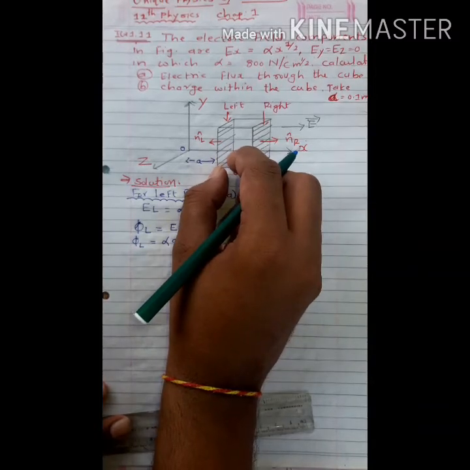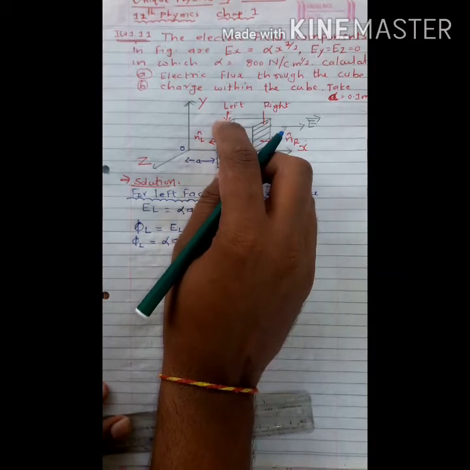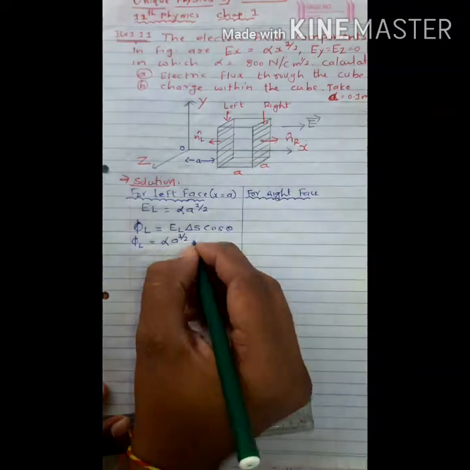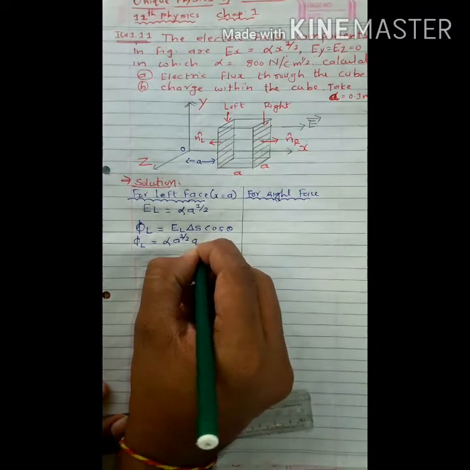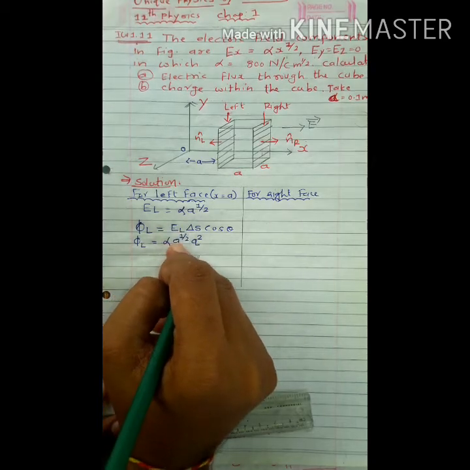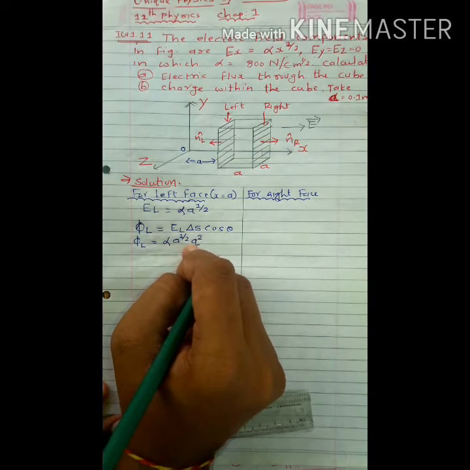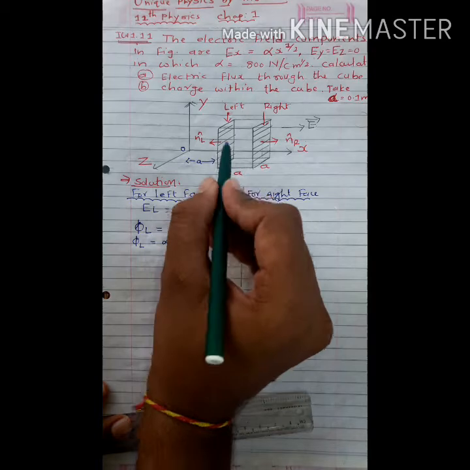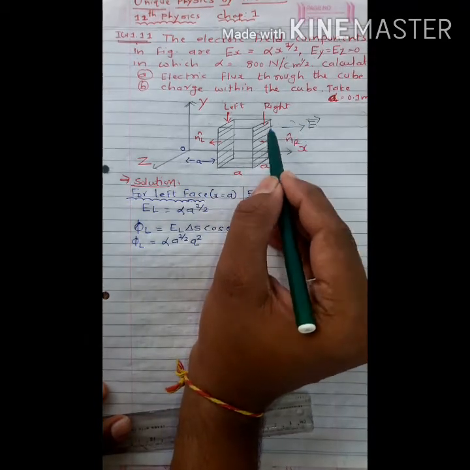Suppose the length of this face is a and the width is a, so its area becomes a square. So phi L is equal to alpha a raised to 1 by 2 into a square into cos theta.